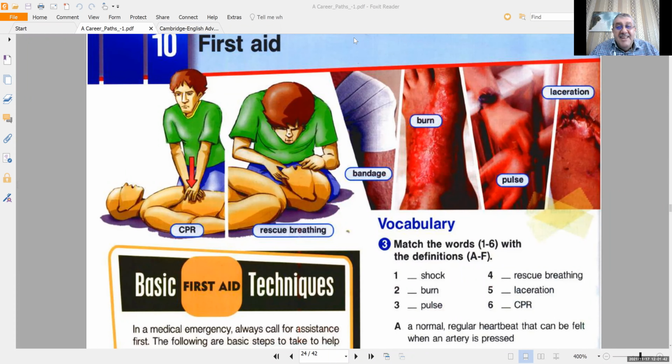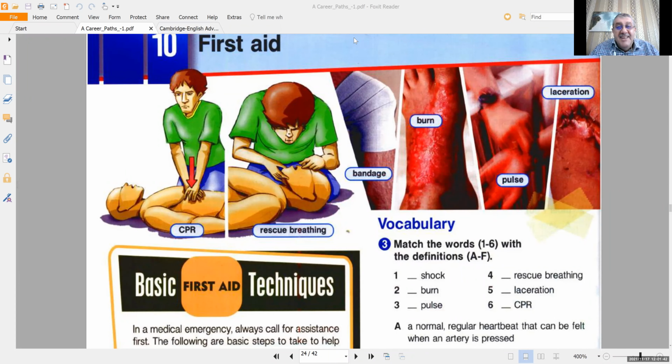Number one, shock. Shock is number D: a medical emergency in which the circulatory system cannot provide oxygen to the body. Burn.